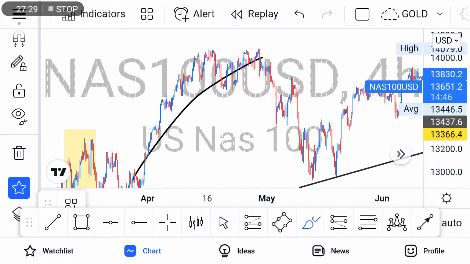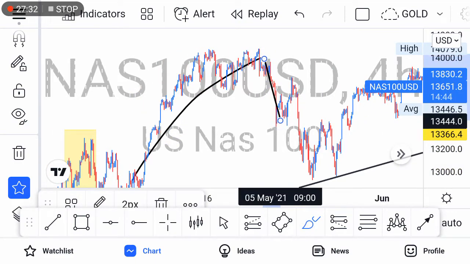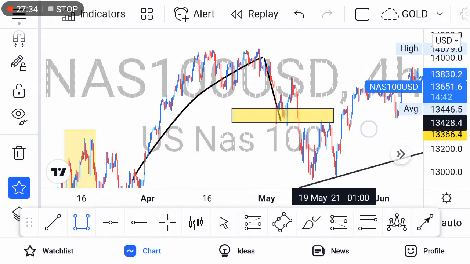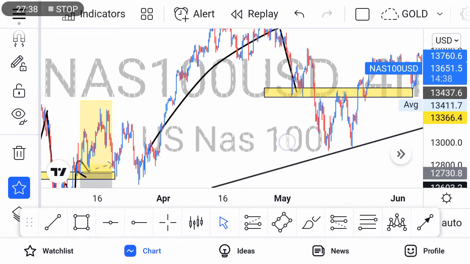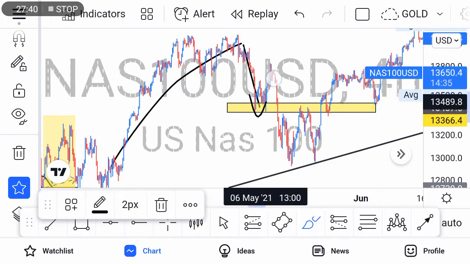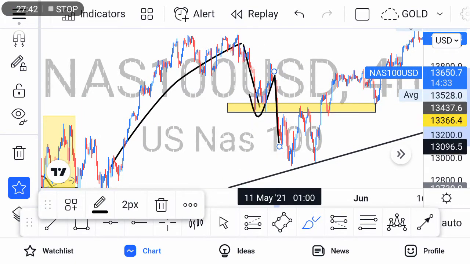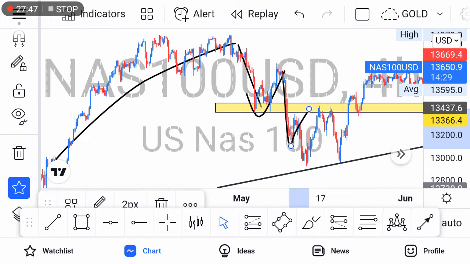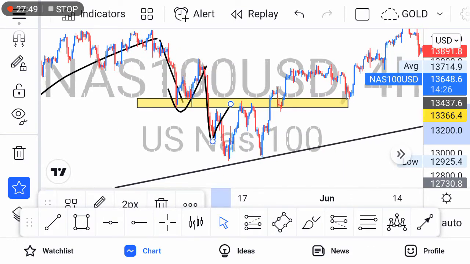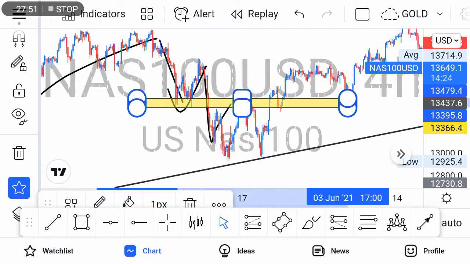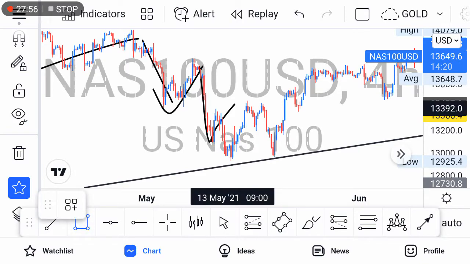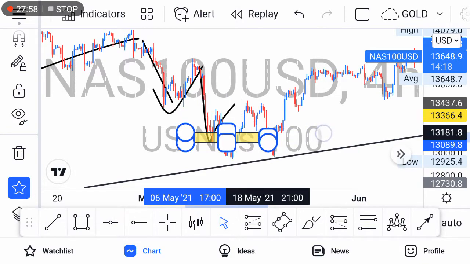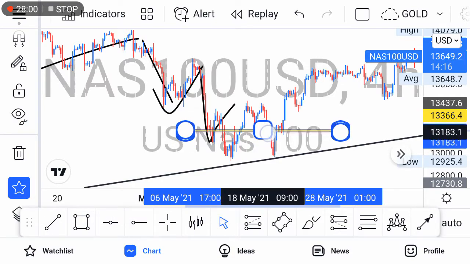and price came down. From here we're gonna put our zone. From here we can say this is the start of the left shoulder, and it went down again, gave us a retest. But I think it's much easier if we take this as a shoulder, because it's near our trend line.